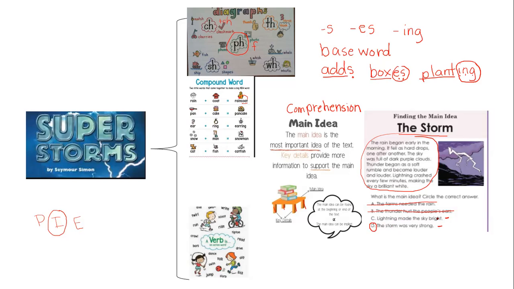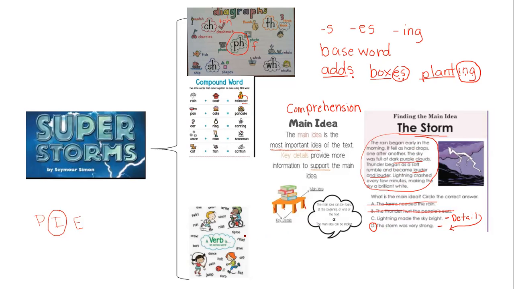Lightning made the sky bright would be a detail that supports this main idea of the storm was very strong. Other details would be the sky was full of dark purple clouds. Thunder became louder and louder. Those are details that tell us that the storm was very strong. That's just a little preview, boys and girls, of main idea.